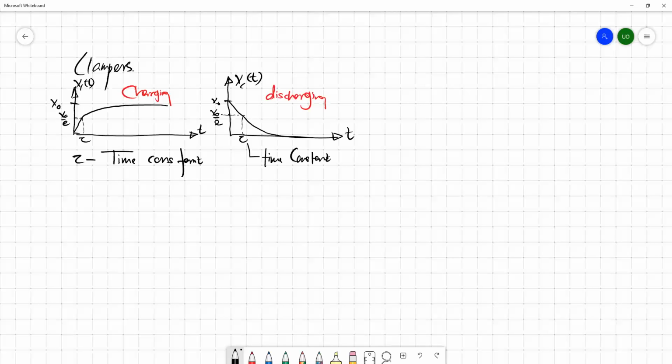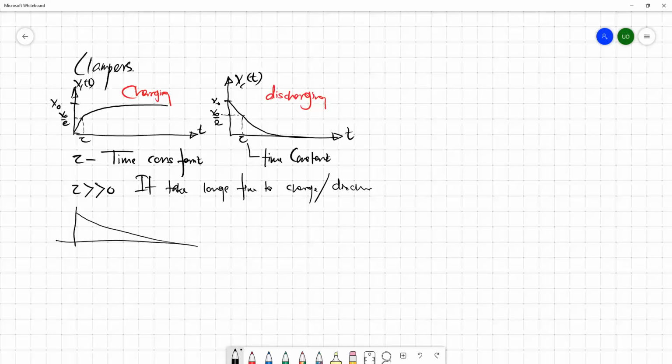So this is the time constant. If this time constant is greater, it means it takes longer to charge or discharge. For example, if this tau is large, it's something like that.